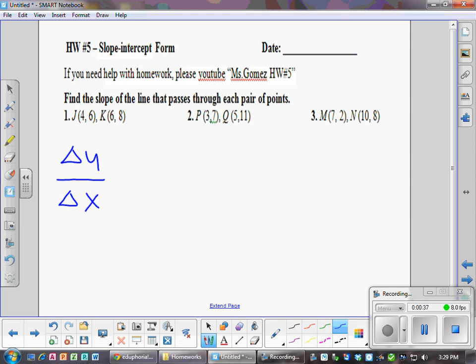So simply what I do is I go ahead and get 8 minus 6 over 6 minus 4 because I have x and y. So 8 minus 6 gives me 2. 6 minus 4 gives me 2. 2 over 2 gives me the slope of 1. Please model this on problems 2 and 3.